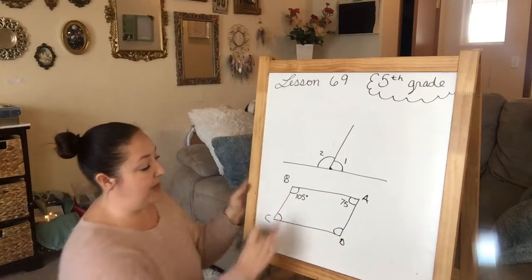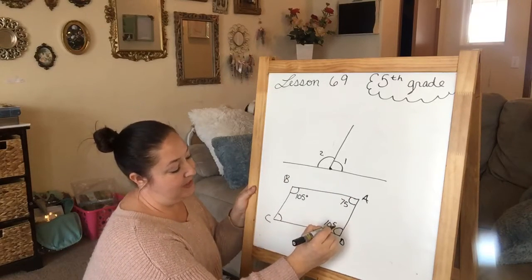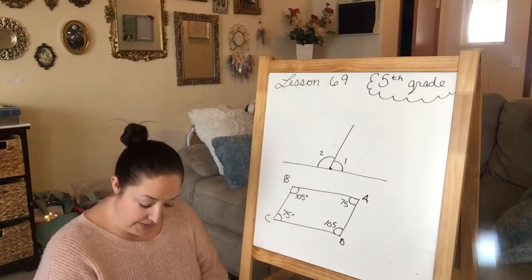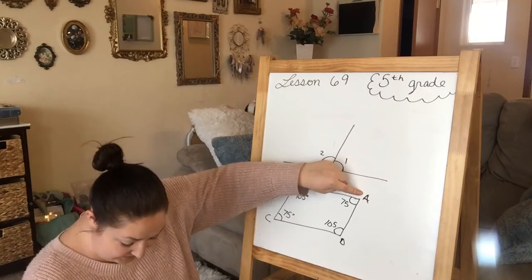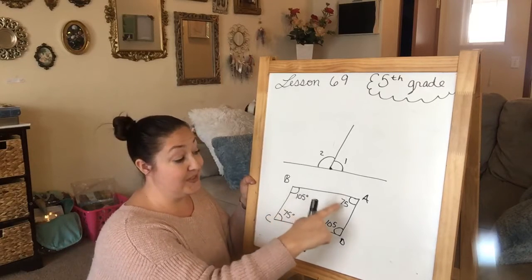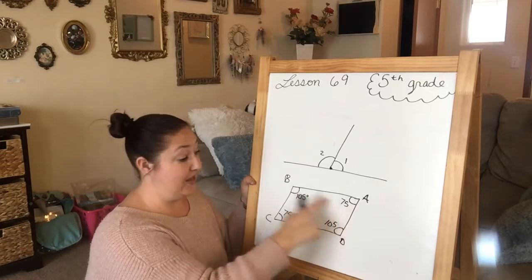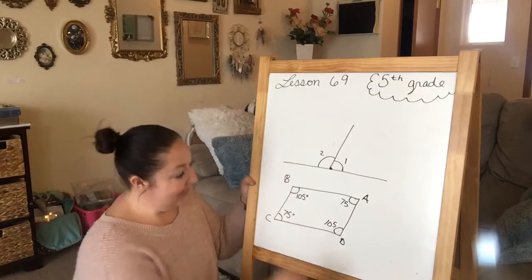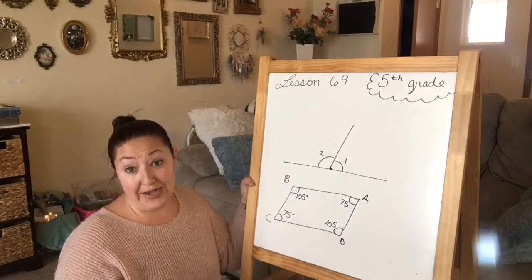And we will learn this later, but if it's across from here and it's the parallel shape, then this is the same and this is the same. So angle A and B are supplementary. A is the supplement of B because 105 degrees plus 75 degrees equals 180 degrees. So angle A and angle B are supplementary because they equal 180 degrees.